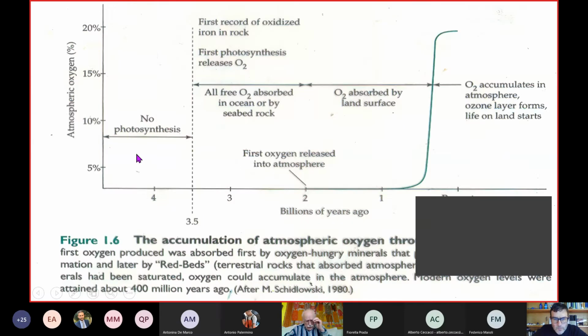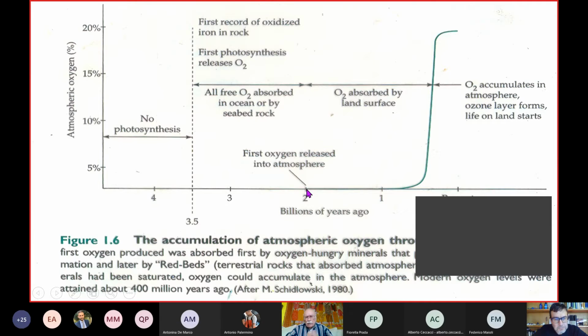But what happens at the beginning, you see, the first 1.5 million years after the solidification of Earth and the formation of the oceans, there is no photosynthesis. Then there is photosynthesis, but all the oxygen is absorbed by the iron oxide and sinks to the bottom.